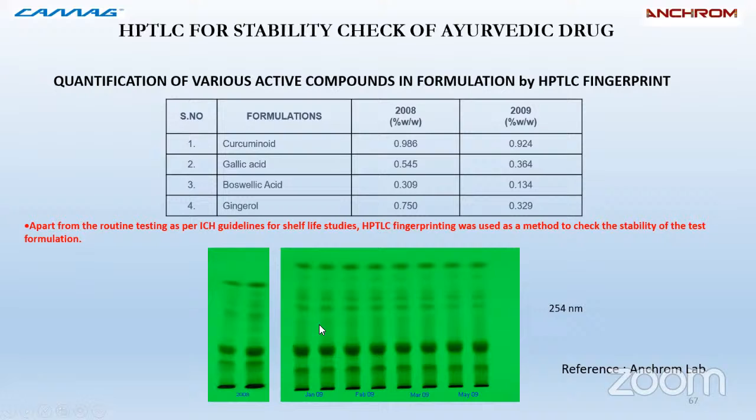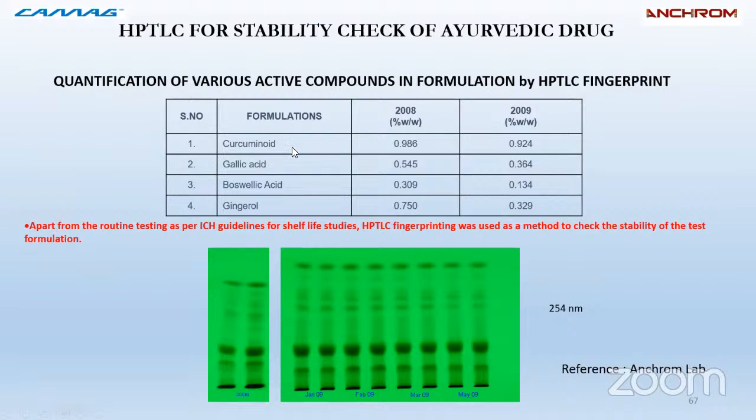If you see any change in band pattern or intensity has been changed, you can say that yes, my formulation or my sample has started showing some degradation. In this case, we can only say that it started showing some degradation, but we cannot say what exact chemical changes are happening in your sample.